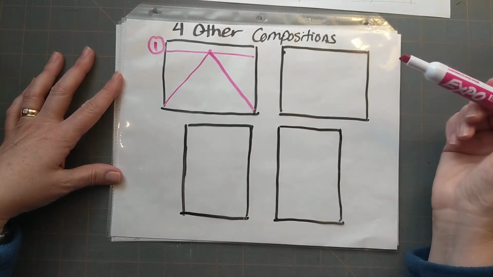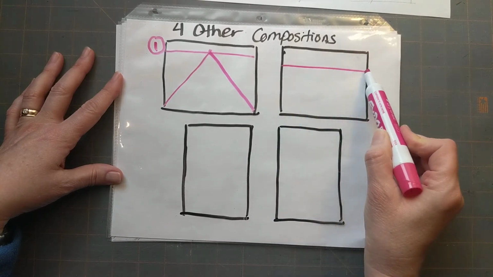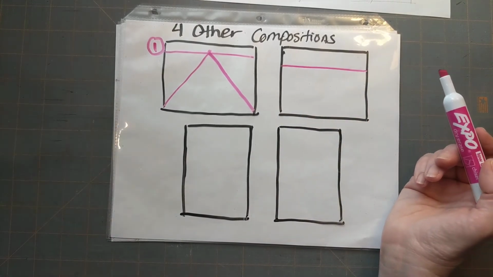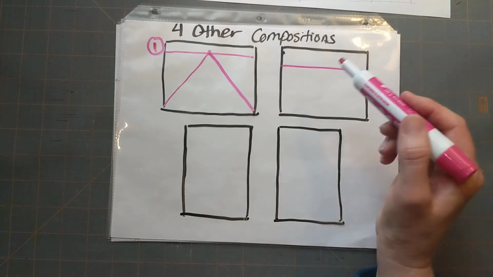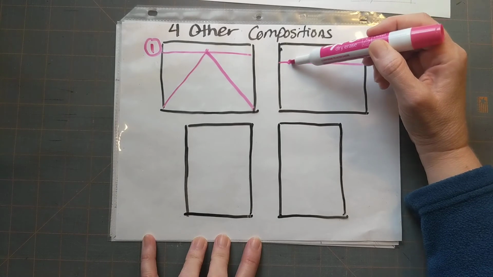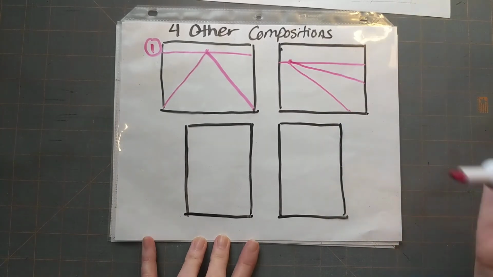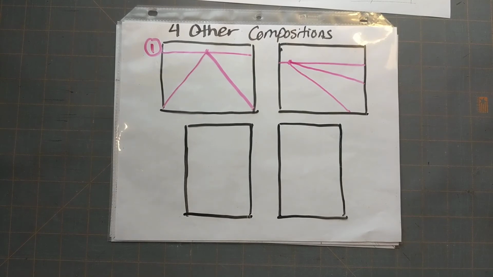Okay. Another one is, let's see, we can put the horizon line, I don't know, like the top third of the picture plane. And what if we put the vanishing point to one side? And now the orthogonal lines are going off to the side, like that.